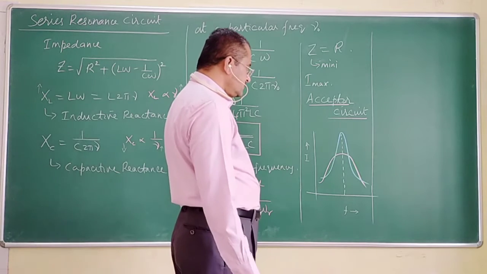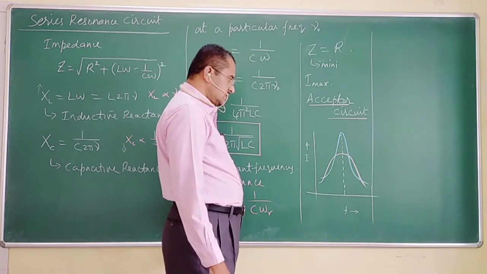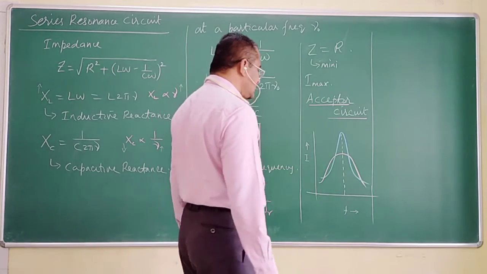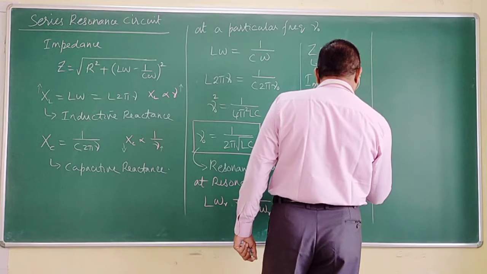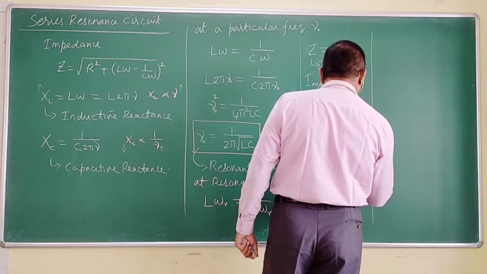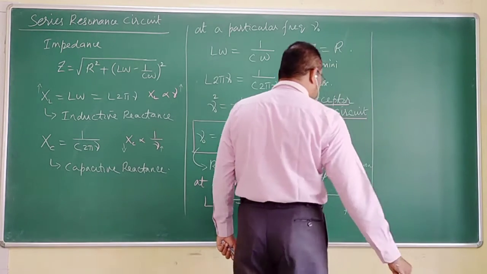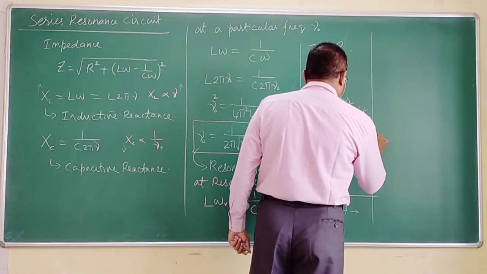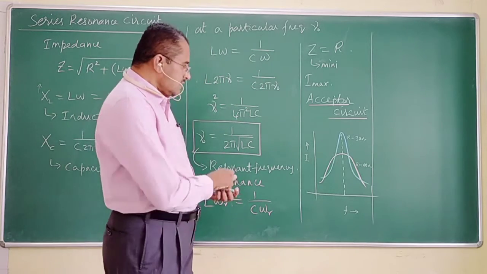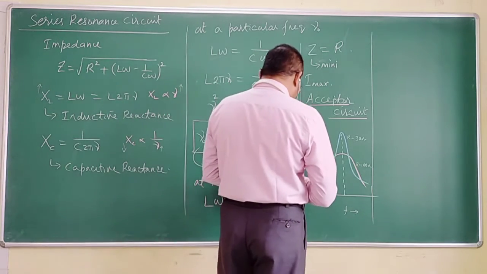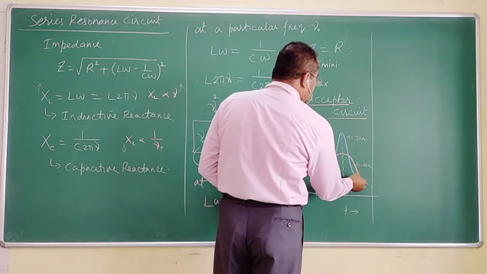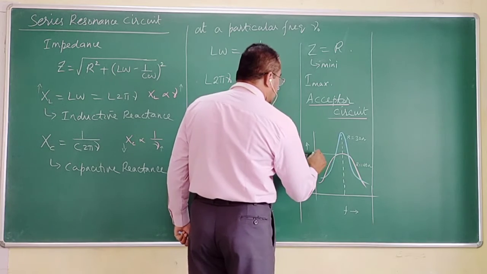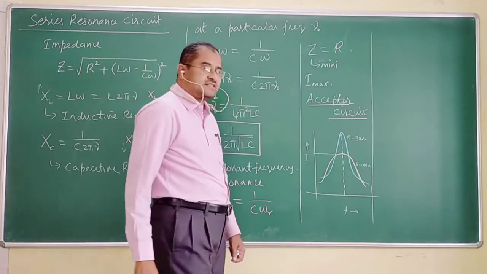These are two curves drawn for different values of R. Let us say here the R value is 100 ohms. Let us say for the blue curve, the R value is 30 ohms. Now if we consider the curve where R is 100 ohms, this corresponds to the maximum current in the circuit.